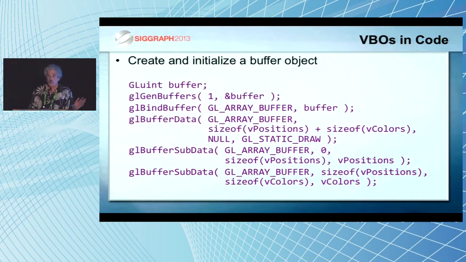Is that the only way to do it? No. You could have decided to interleave the data. There are a lot of ways that you can do this. You're managing memory, but here's a very, very straightforward way of doing it. You could also ask why I'm using one vertex buffer object. The answer is I just happened to in this example, but you could have used one vertex buffer object for the colors and another for the positions.